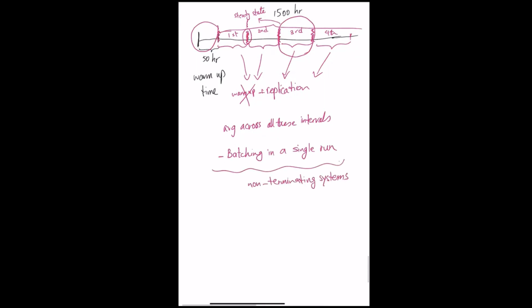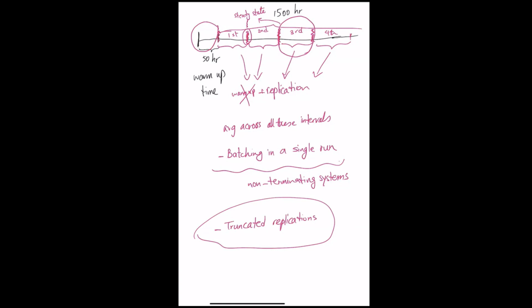And the first method that I told you, as we just talked about it, was the truncated replications. And as I said, the truncated replication method is good if the simulation is not too complex and it doesn't take that much to run it. Then we can put the warm-up time in each replication. That's good. However, if it takes time to run the simulation, we don't want to put the warm-up time in each replication.